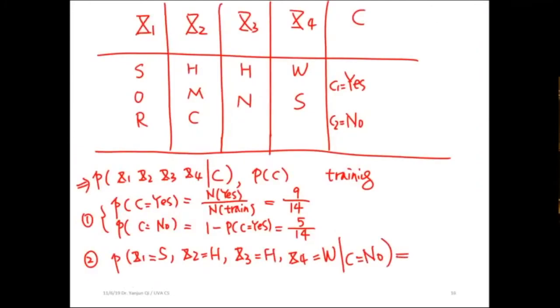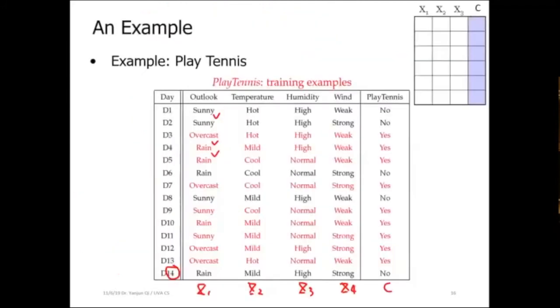So how do you calculate this from the training data? What I had is S, H, H, W, conditioned on no, right? You observed it how many times?